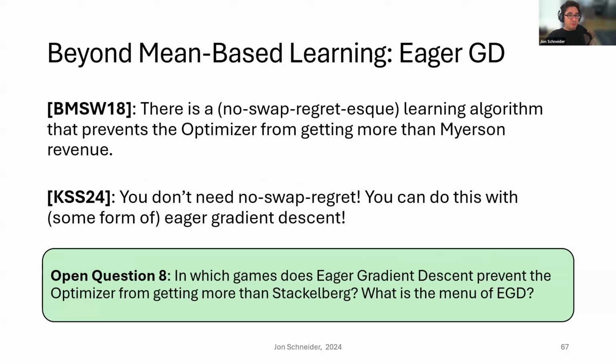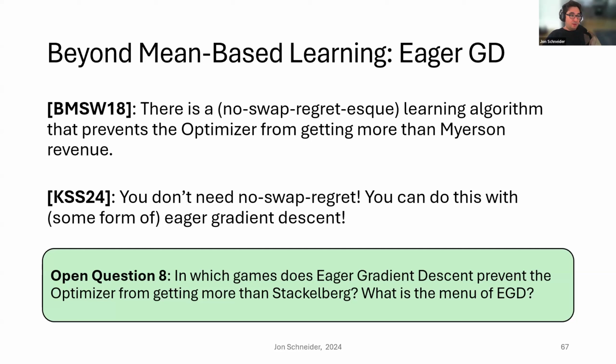And finally, I think this is one of the most interesting directions for me, because it was really surprising that this worked. Like I mentioned, in the original auction paper there's also a weird learning algorithm, a no-swap-regret-esque one, even though it didn't minimize any explicit notion of swap regret, that prevented the optimizer, the auctioneer, from getting more than their Myerson revenue, which is basically the Stackelberg value in this game.